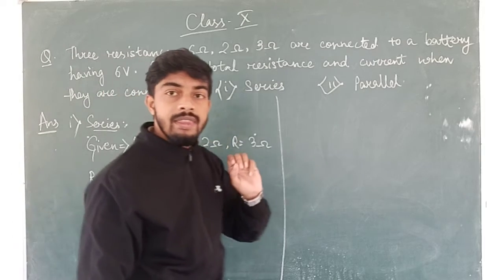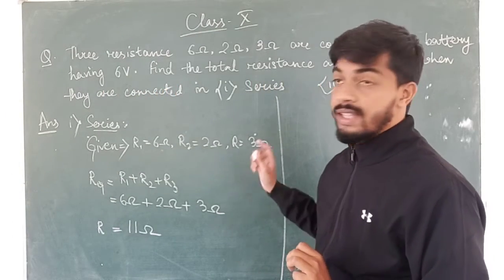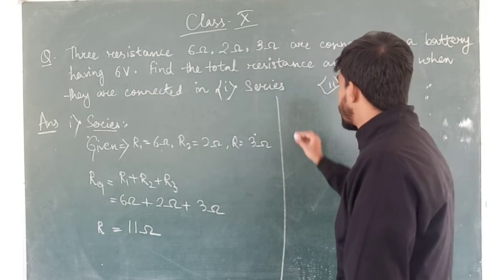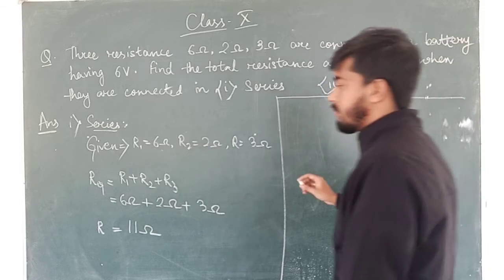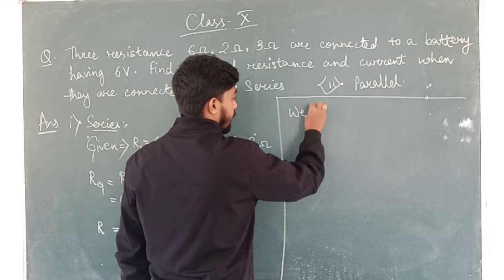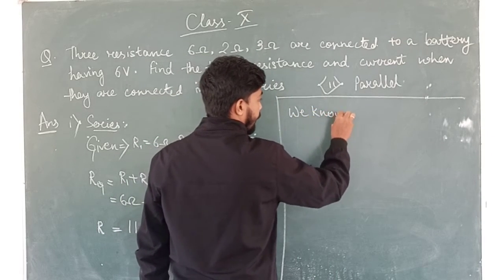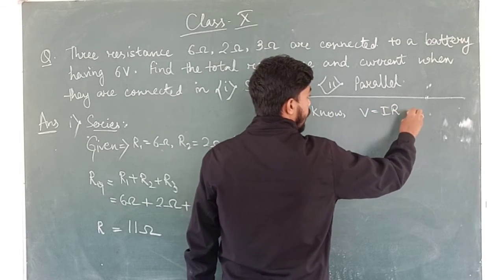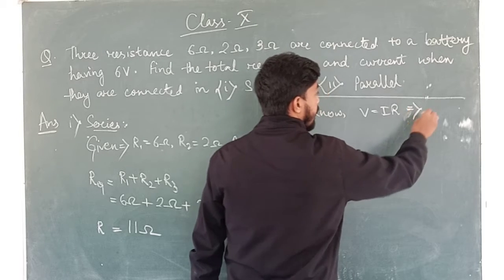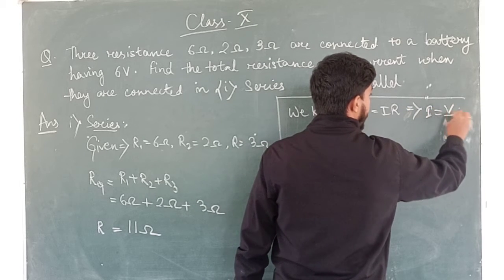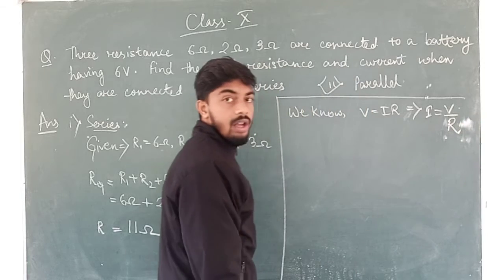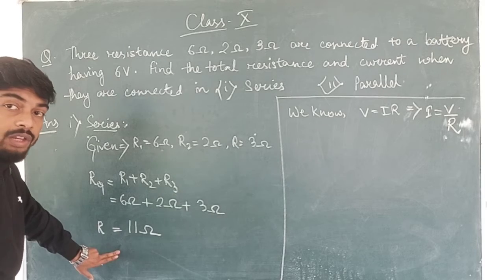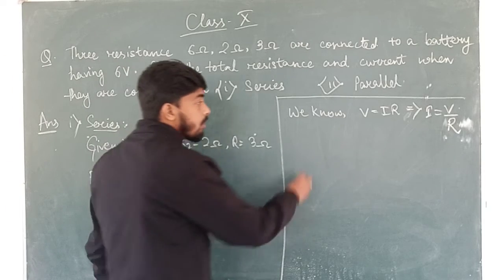Now we have to find the current through the circuit, and the voltage given is 6 volt. So we know from Ohm's law, V equal to IR, or we can write I equal to V by R. So here we got the total value of resistance, that is 11 ohm.